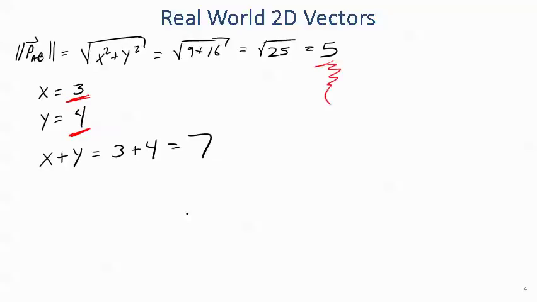But this distance here is hard to get because you'd have to go through people's yards and climb fences and this kind of thing. It's hard to measure that. So we can use our mathematics to take these easy measurements, 3 and 4, and find the hard measurement, which is 5, which is harder to get. And that's one of the key things we can do with vectors.